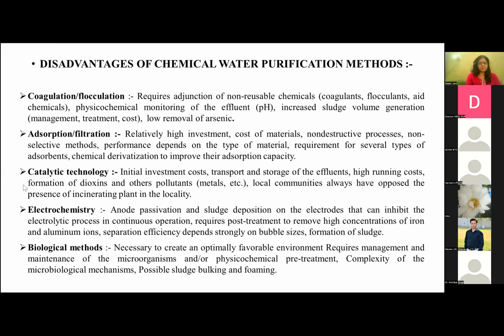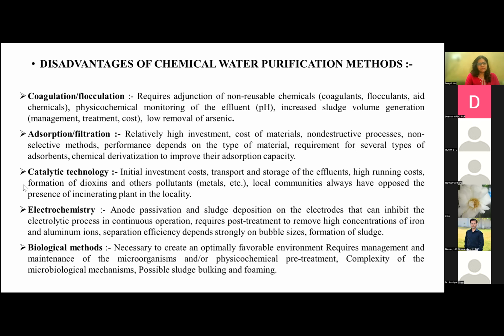Separation efficiency depends strongly on bubble size and formation of sludge. And secondly, when we start that method, it really works well. But on repeated use, the efficiency of this method reduces and the maintenance cost will be very high.